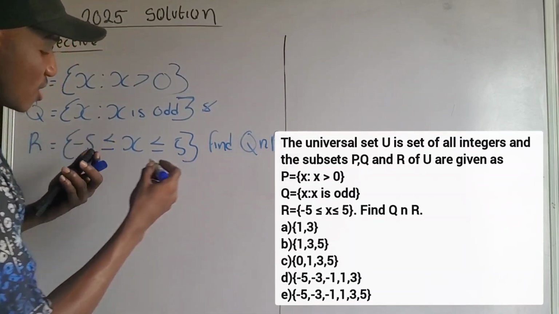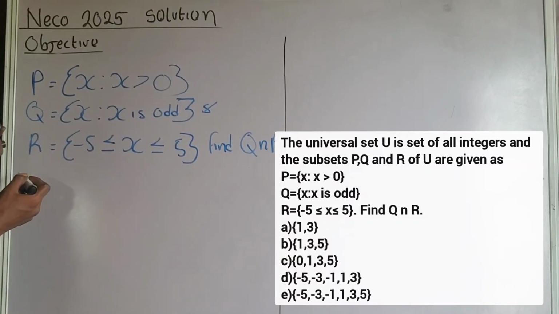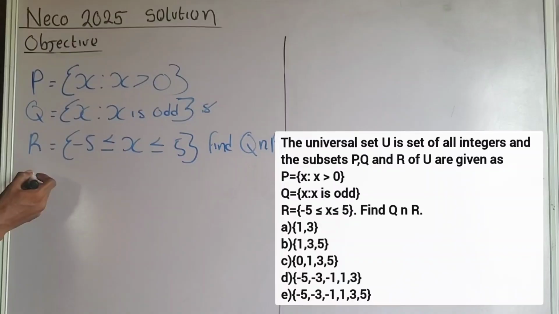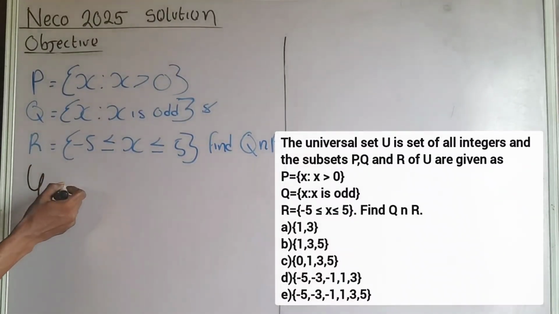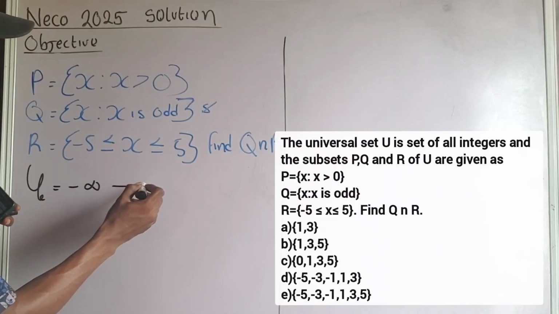Now, before we can find Q intersection R, let us first list out all the elements in P, Q, and R. Do you understand? The universal set is the set of all integers, both negative and positive. That means the universal set ranges from negative infinity to positive infinity.